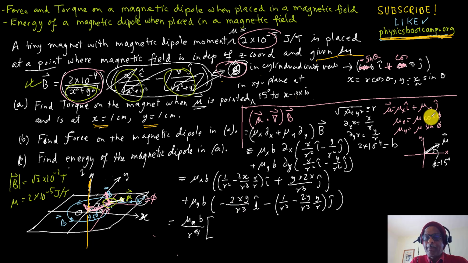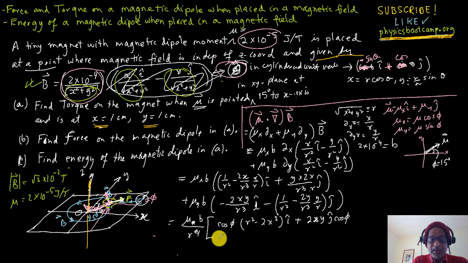You have r square minus 2x square i hat plus 2xy, which should have been r here times r here, because 2xy was going to be a j hat, and then times cosine phi, and this will be sine phi minus 2. Same thing happened over here, no?